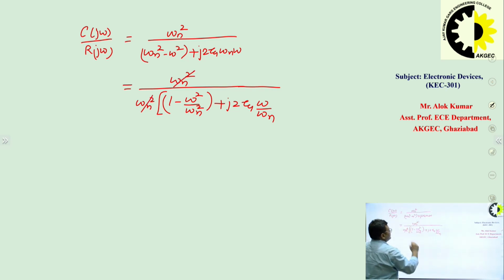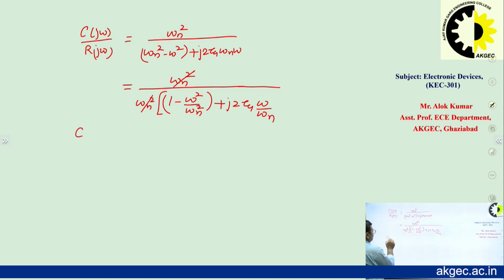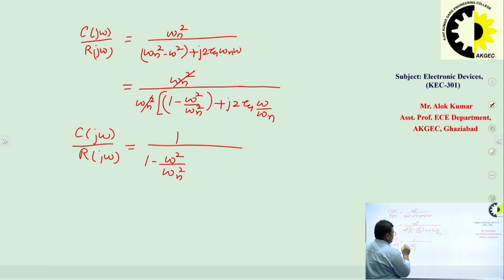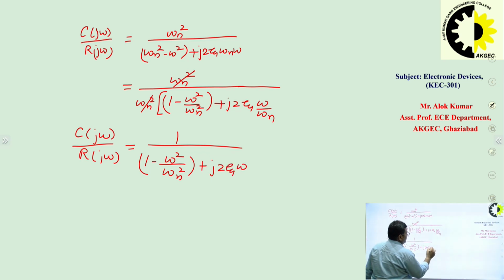So this omega n square will be cancelled out. Now we can further rewrite C of j omega divided by R of j omega as 1 divided by 1 minus omega square divided by omega n square plus j into 2 zeta omega by omega n.